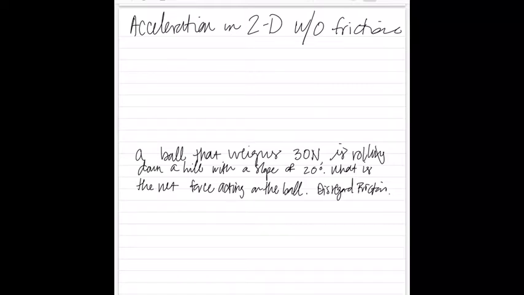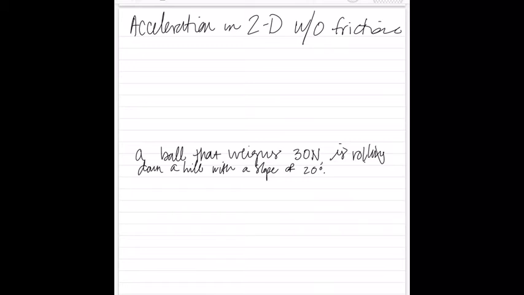Now, I've already brought in the questions from yesterday, the 2 without friction from yesterday. So I'm going to go ahead and read this to you. It says, a ball that weighs 30 newtons is rolling down a hill with a slope of 20 degrees. What is the net force acting on the ball? So this question is going to change a little bit.